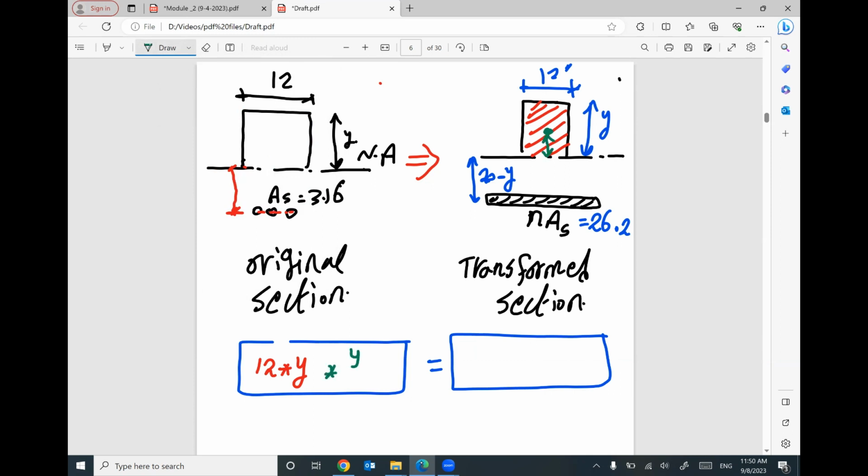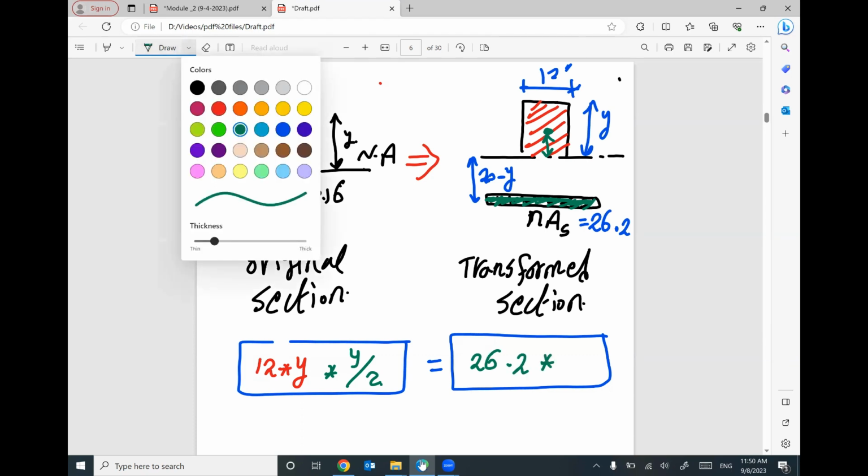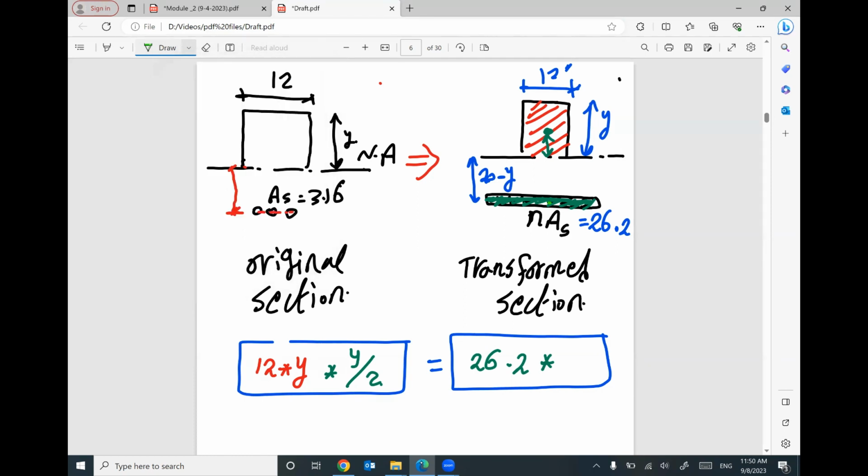It's y divided by 2. This must equal the area at the bottom. The area at the bottom for this equivalent concrete is 26.2. What is the vertical distance between the centroid of this equivalent area and your neutral axis? It's 20 minus y. Very easy equation.